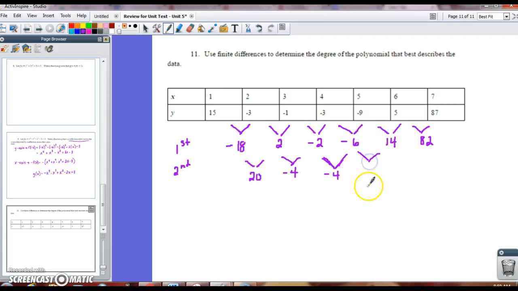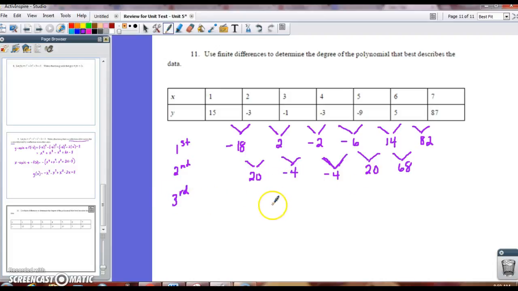Here I have 14 minus -6, that gives me 20. And here I have 82 minus 14, and that gives me 68. Okay, again, I don't have a constant difference. I have all these different things going on here. So now I'm going to go down to my third difference.